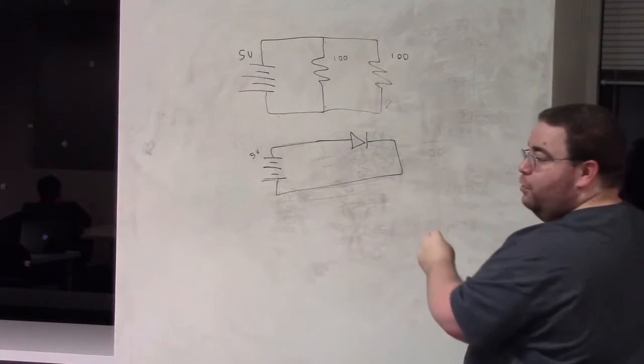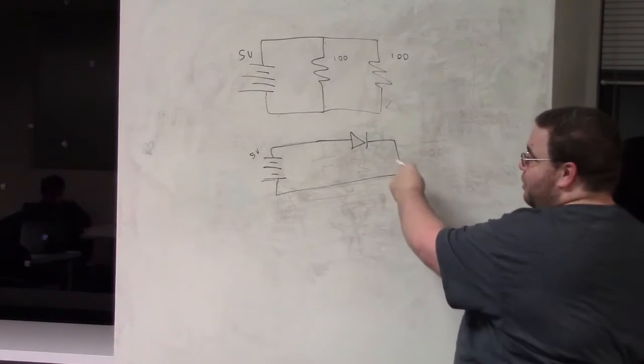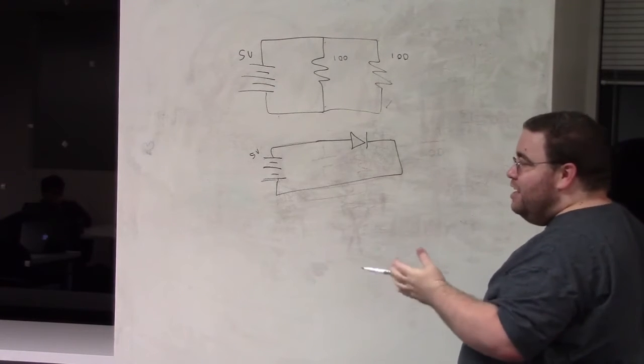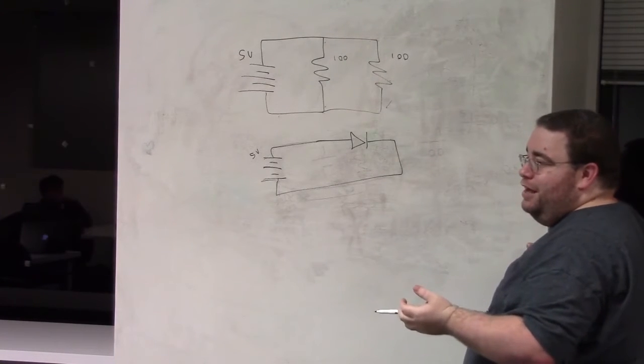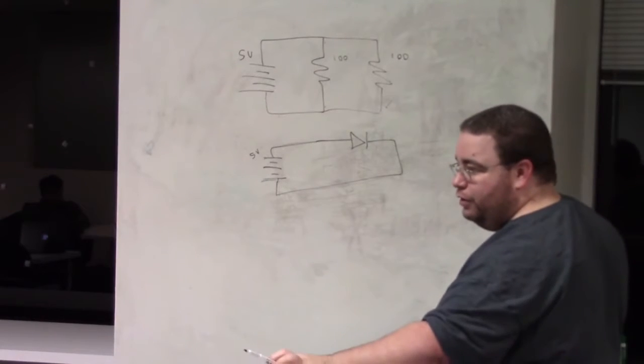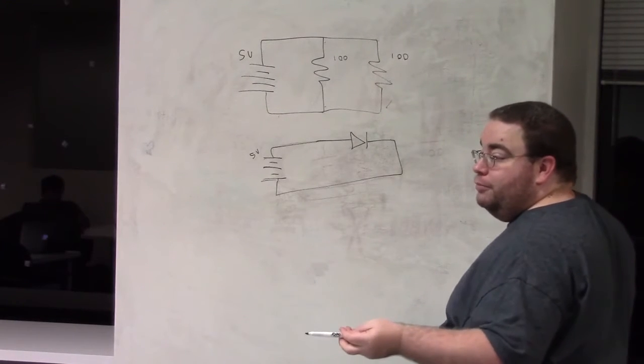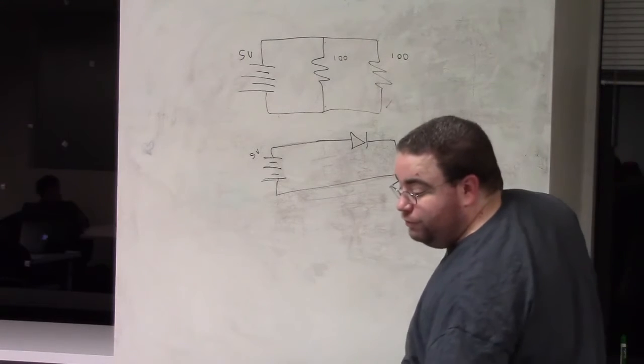It can't be both 4.3 and 0. So what actually happens is that the current rises close to infinite. It shorts out, basically. It's what would happen if you just connected a wire across the poles of the battery, which will, among other things, fry the LED. So you don't want that.